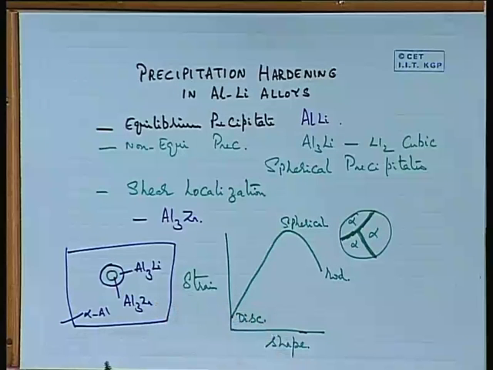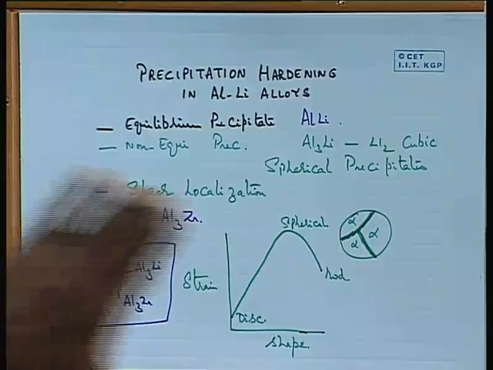If you look at the deformation behavior of this kind of structure, you will see that it is more difficult for shear localization to occur, because Al3Zr is much more difficult to shear, since zirconium is a very high melting metal. Obviously aluminum and zirconium have much stronger bonds than the bonds between aluminum and lithium, and as a result the breakage of those bonds is very difficult.